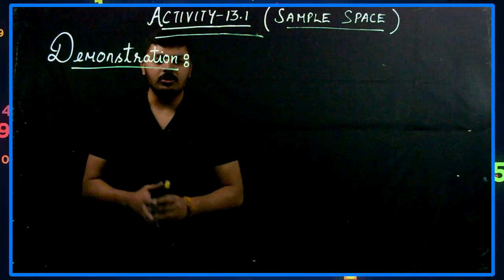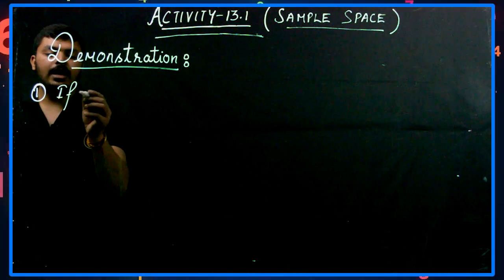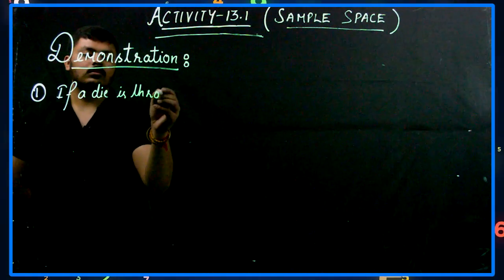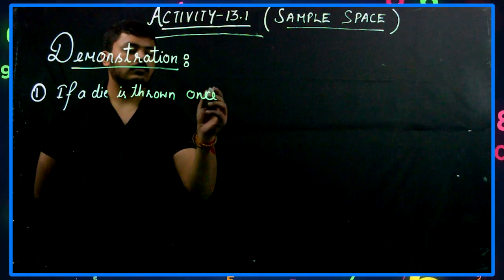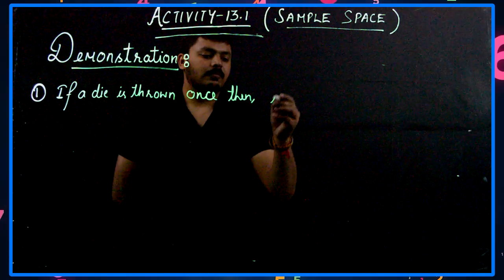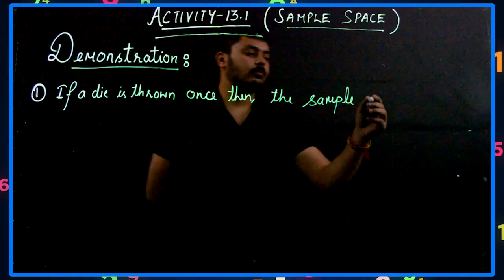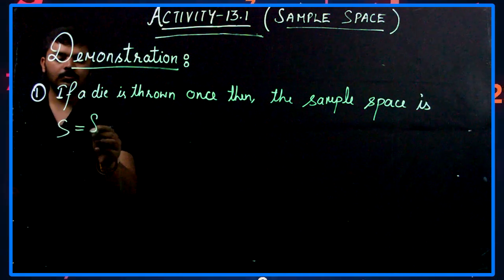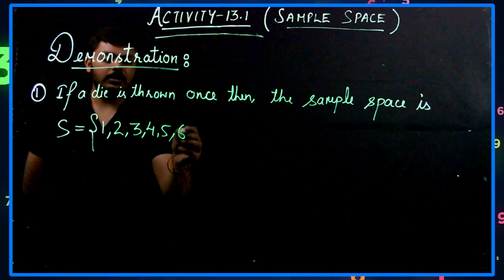So students, now let's see the demonstration for the given activity. First, if a die is thrown once, then the sample space is S equals 1, 2, 3, 4, 5, 6.